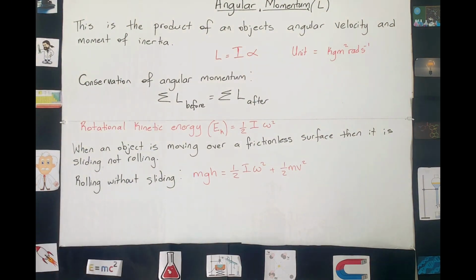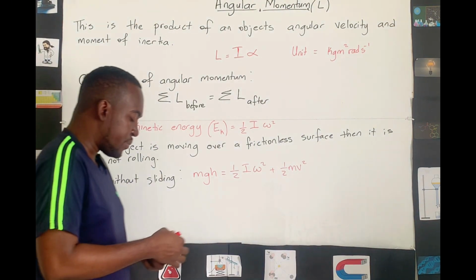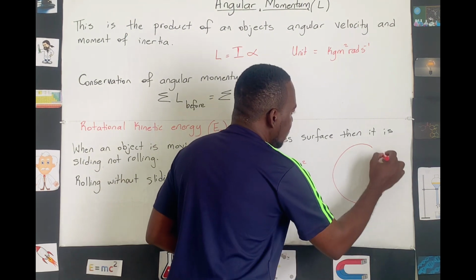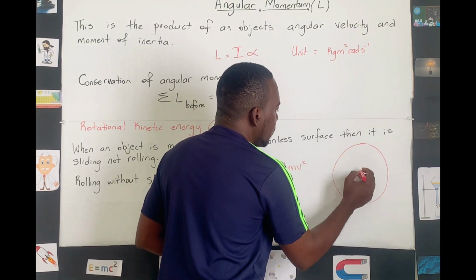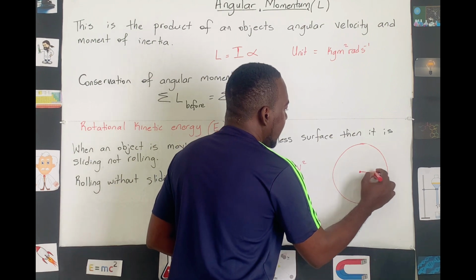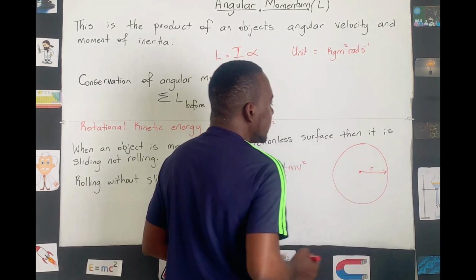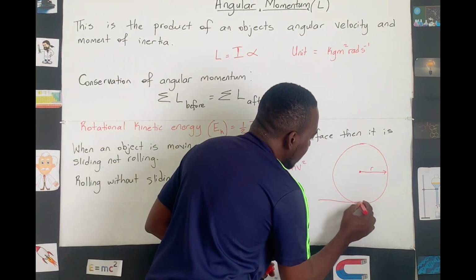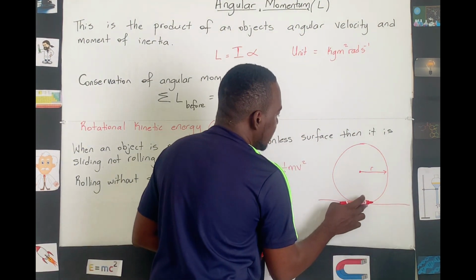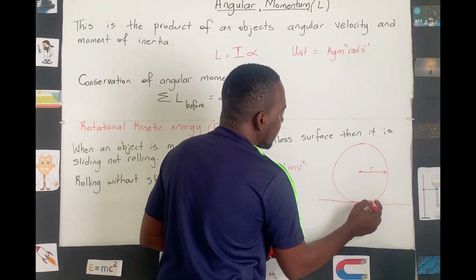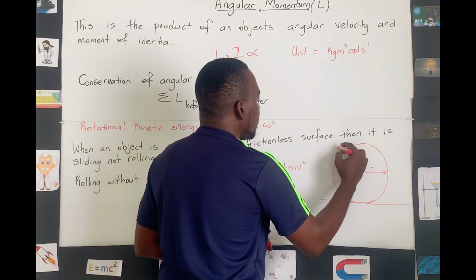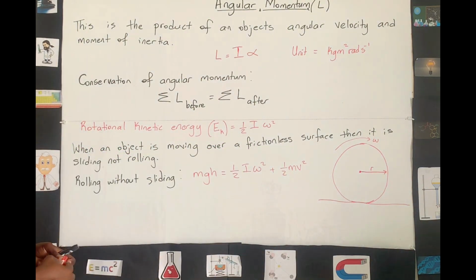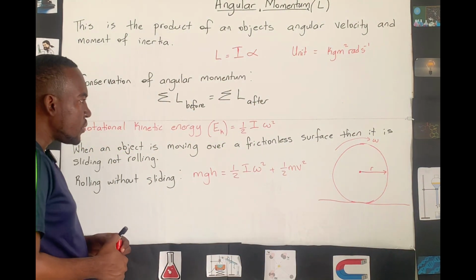Right? So if we take an object, for example a wheel that is rotating about its center, here we have R being its radius. It is rolling on this surface, and that is its angular velocity.